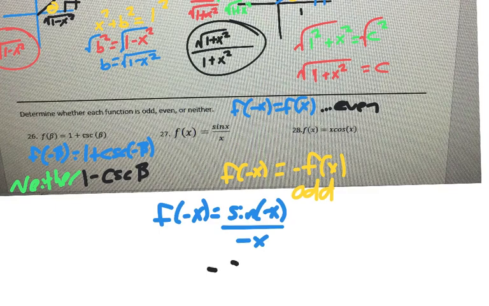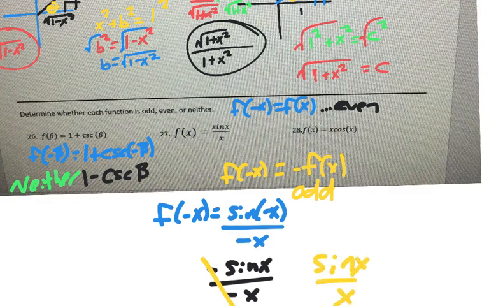So this can be rewritten as negative sine x over negative x. Well, now I have a negative divided by a negative. Negative divided by negative is positive. So that leaves me with sine x over x. That's simplified. Does it look exactly like it did when I started? Yes. It's even. Questions?